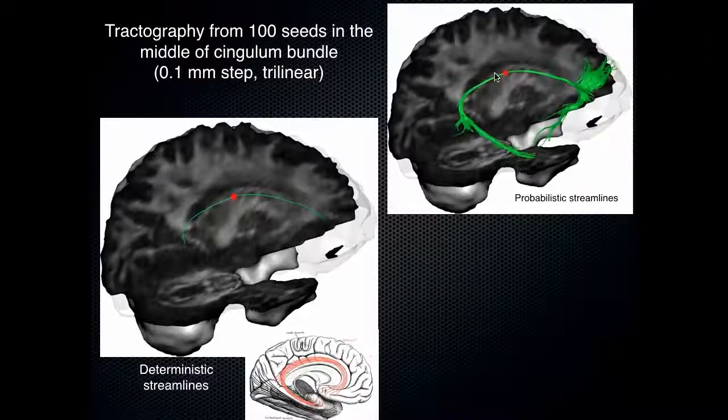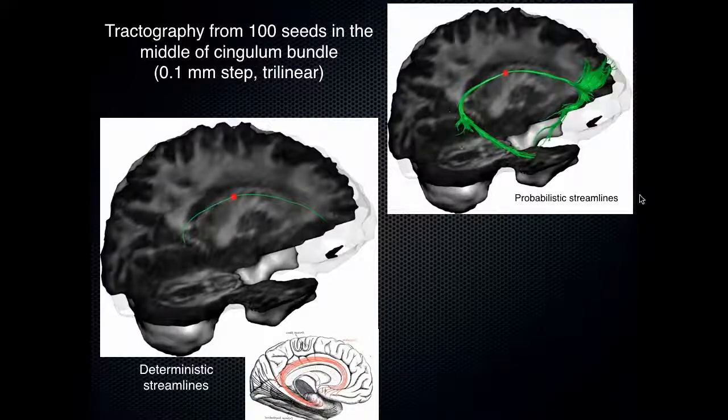In probabilistic tracking, you can see at the beginning the uncertainty of the principal fiber direction of the fiber ODF is quite well defined, so very tight, and as you get to the end you get a bit of fanning, and your probabilistic tracks tend to explore the whole structure.